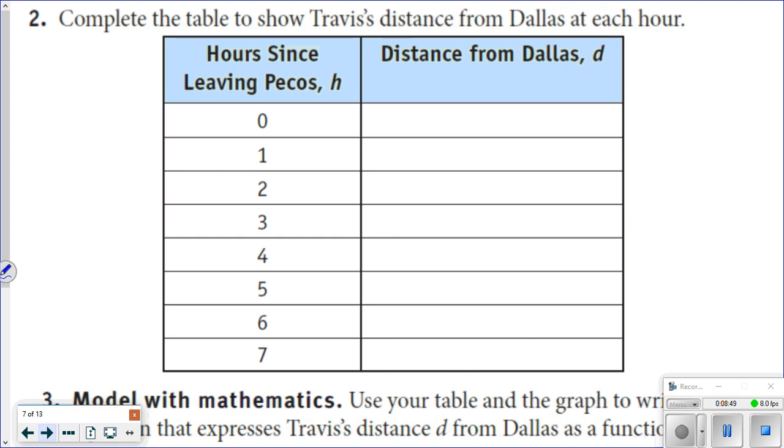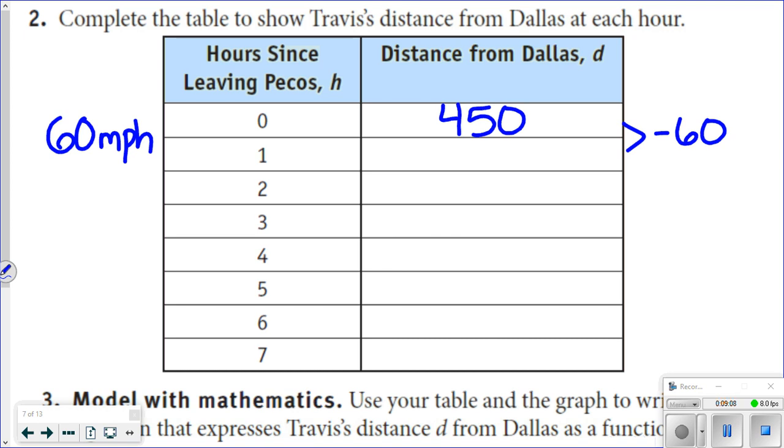What's the total distance he has to drive? 450. Okay. Well, he's driving how fast? 60 miles per hour. So in 1 hour, he's driven 60 miles. So we're going to subtract 60 because we're 60 miles closer. So 450 minus 60, we're down to 390.